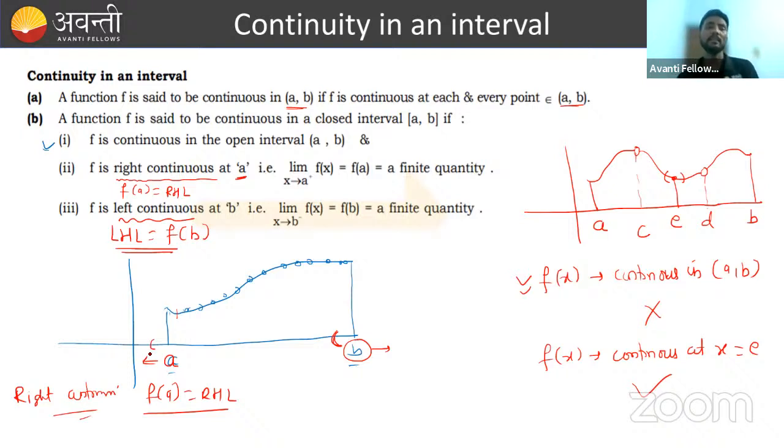Then we can say that the function is continuous in the closed interval. It is similar to the open interval; both are the same, but we just have to check at the boundary points. These 2 points are extra in the closed interval. We have to check the right continuity at A and the left continuity at B.